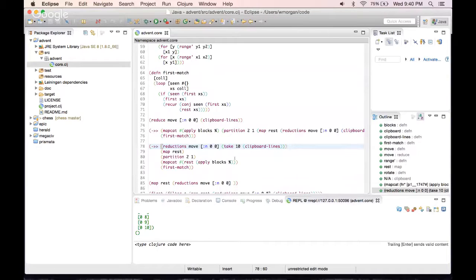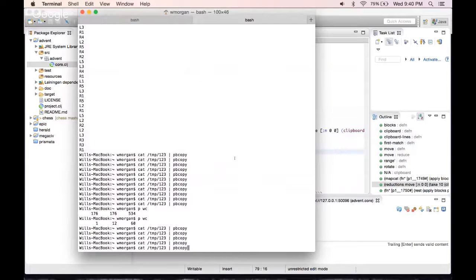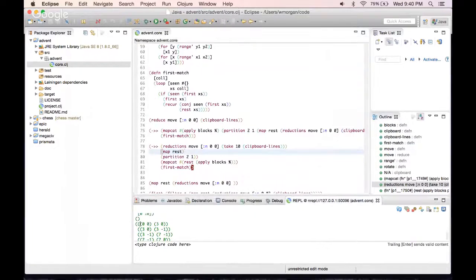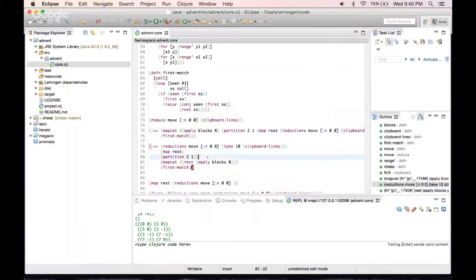After debugging this blocks function, we can take all of our individual positions along the way and compute the partition of them. This is easier to show. Basically I'm starting at 0, 0, then going to 3, 0. Then starting at 3, 0 and going to 3, negative 1. Then starting at 3, negative 1 and going to 7, negative 1. For each of these pairs we apply this blocks function.